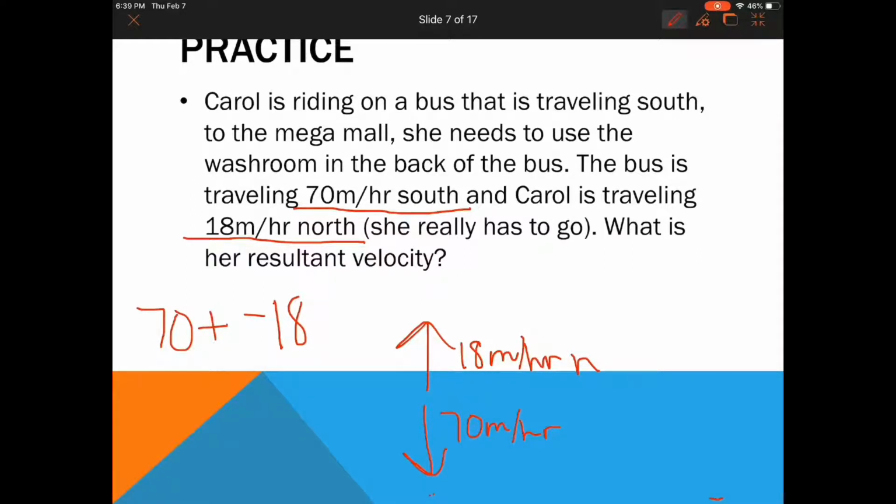So if you add 70 plus negative 18, you should get Carol's resultant velocity to be 52 meters per hour south.